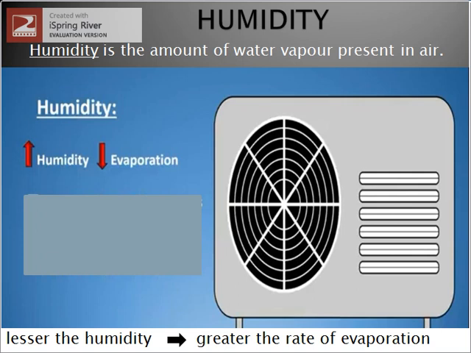In humid weather, the evaporation is less, and in dry weather, the evaporation is high. So, we can conclude the lesser the humidity, the greater will be the rate of evaporation. Or you can tell the rate of evaporation is inversely proportional to the amount of humidity.